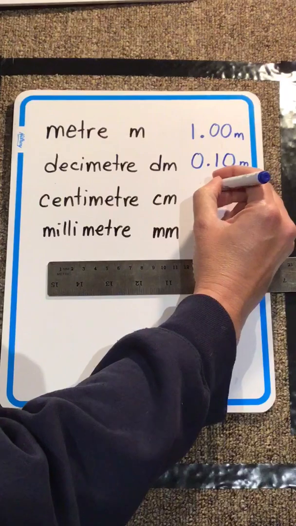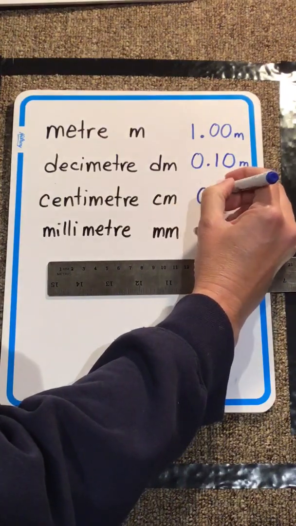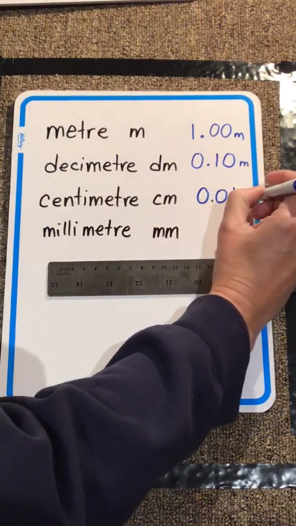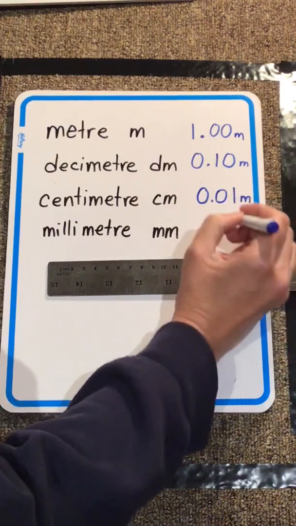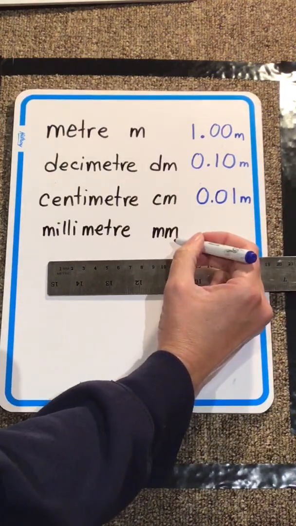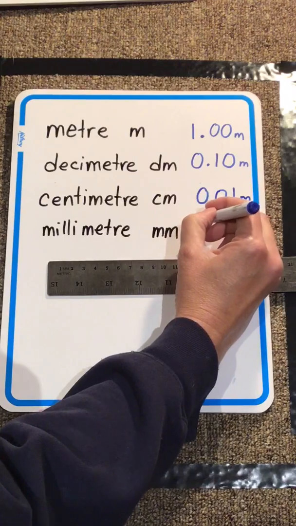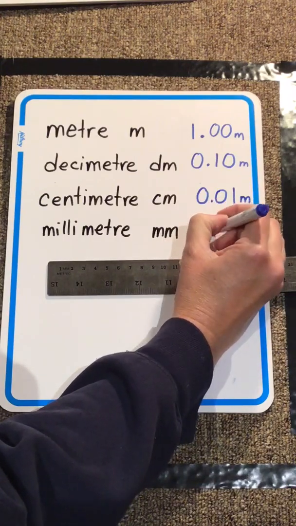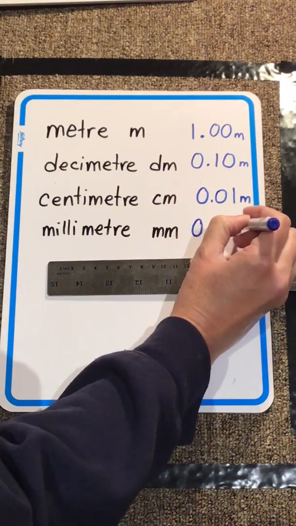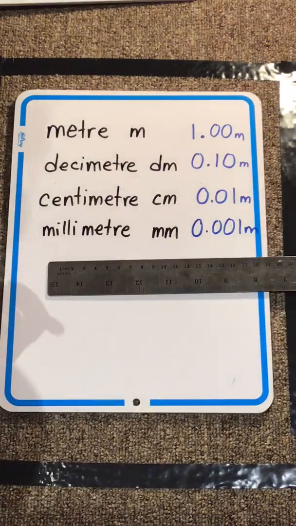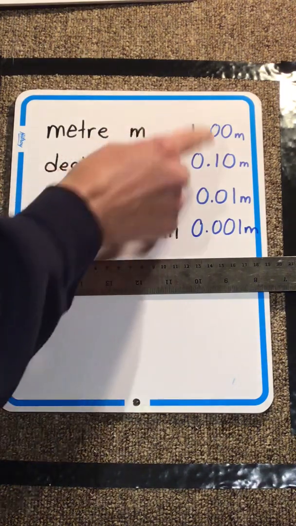A centimeter, there's 100 of them, so it's got to go in the 100ths column, so it's 0.01 of a meter. And a millimeter is in the 1,000ths column, so it's 0.001 of a meter. Okay. We probably won't use those numbers too much.